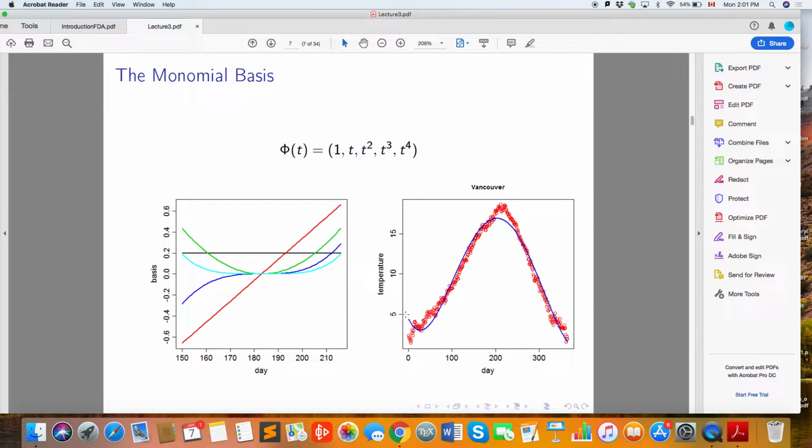So this is definitely not the trend of this temperature curve. So we can add more, and eventually, when you add a lot of these monomial basis functions, it will capture the temperature curve reasonably well. But you can see on the right boundary here, it has small tails going up, right?